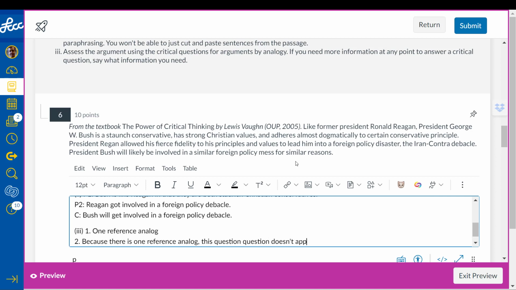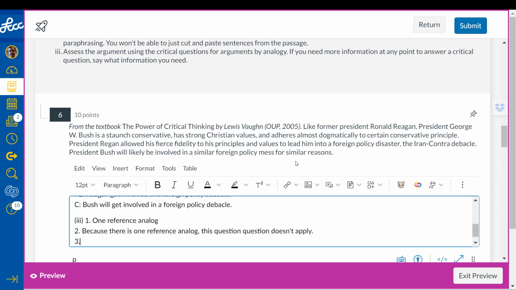You could just write not applicable here, but I'm spelling it all out to make it clear for you guys. Three, there's basically one known similarity, being a staunch conservative Christian.